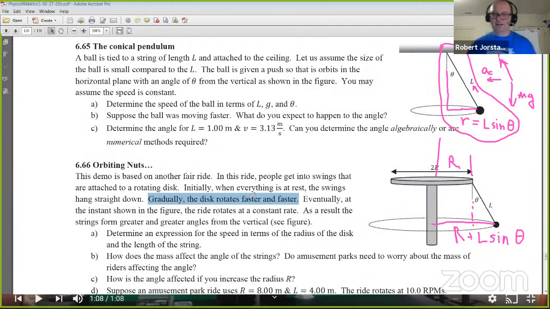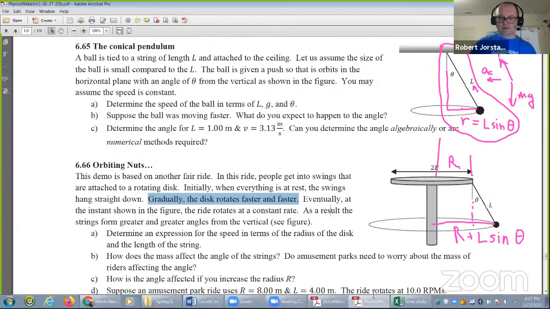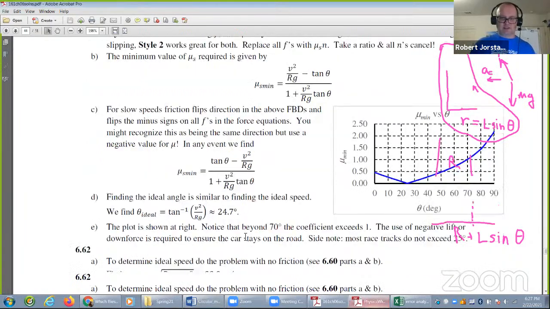Now, I don't know if you recognize that at all, but we could work this problem out and we're going to get a result. Let's maybe look at it really quick. Hold on, let me go to here. 6.66.